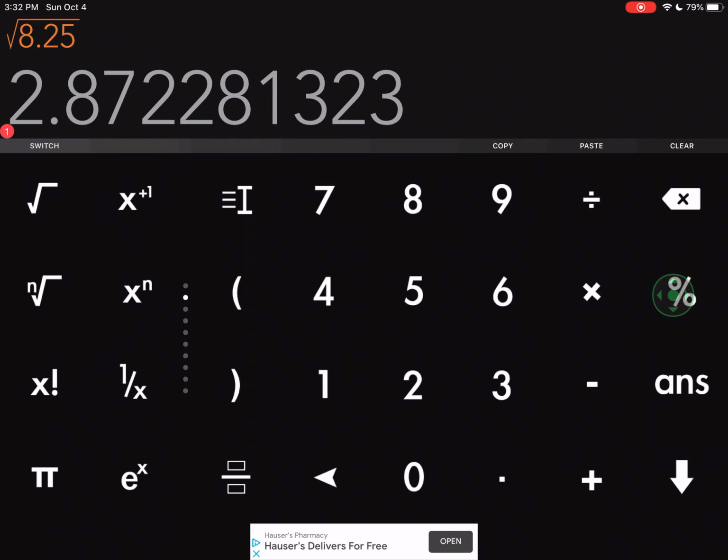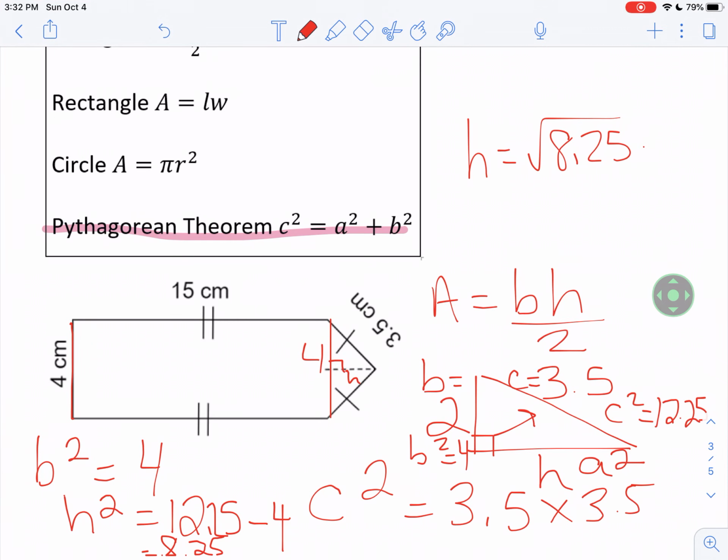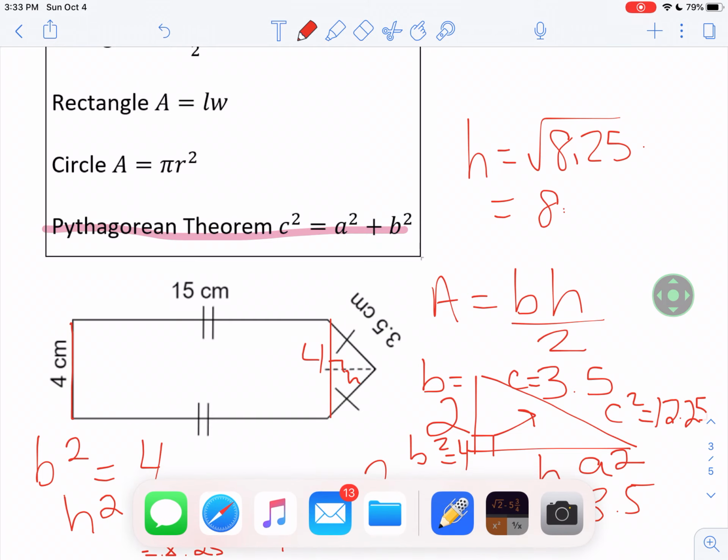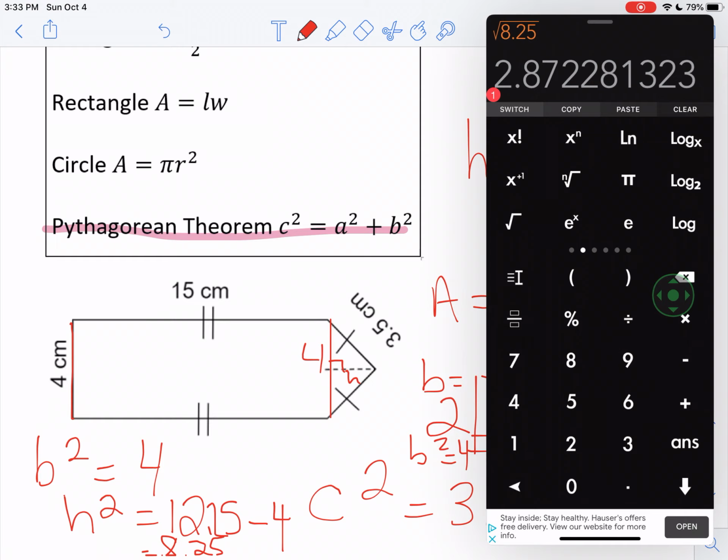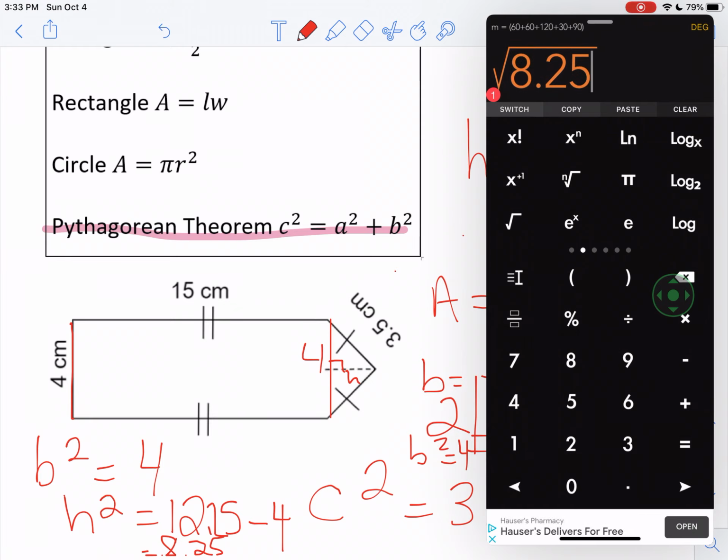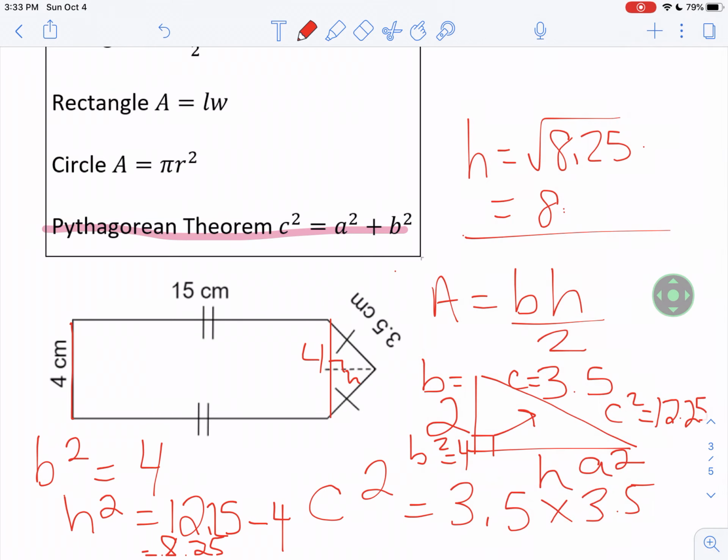And we end up with 2.8723 centimeters. Okay, so you have to start by using Pythagorean theorem to figure out the missing height.